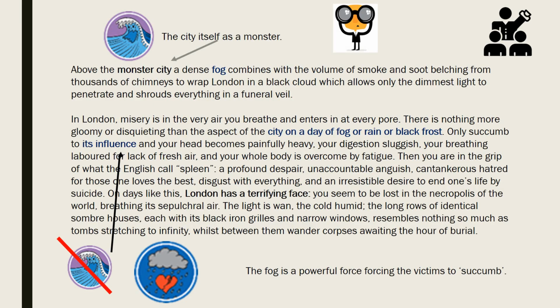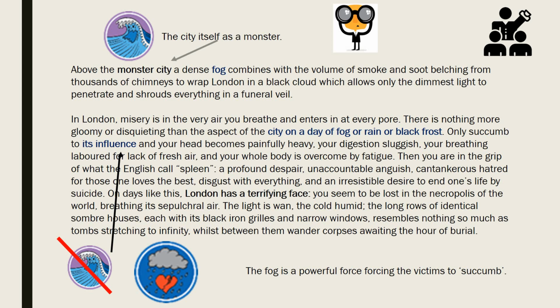So we've already talked about the city itself as being a monster, but we've also got the weather. They talk about the fog. The city is covered in fog or a rain or black frost, and they say that you can succumb to its influence.